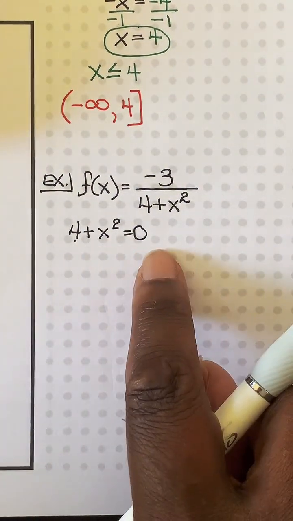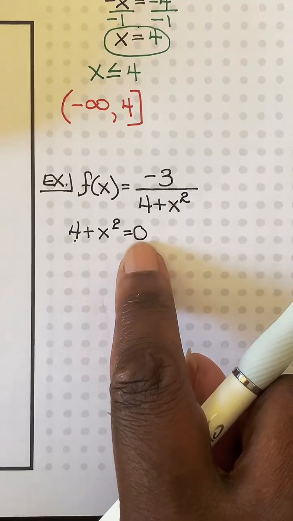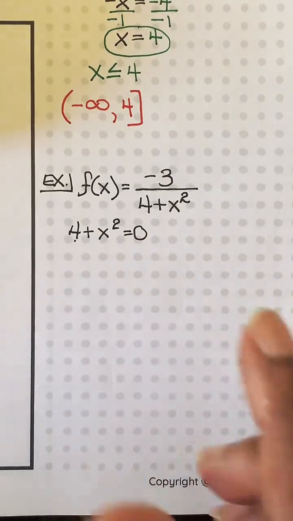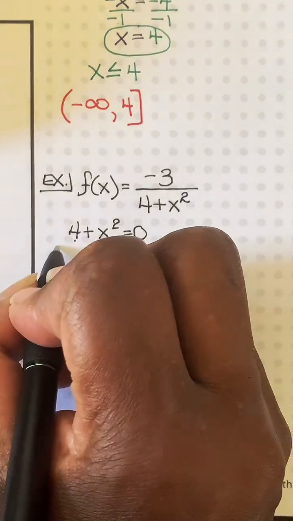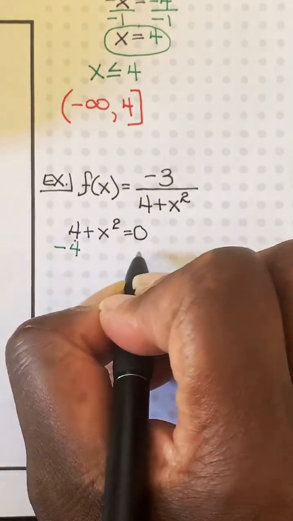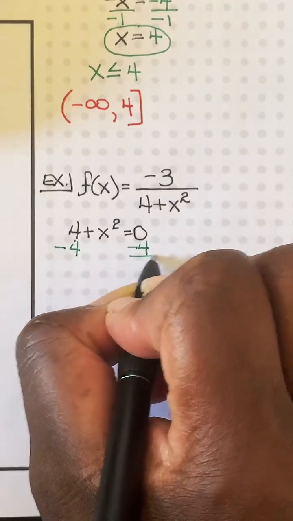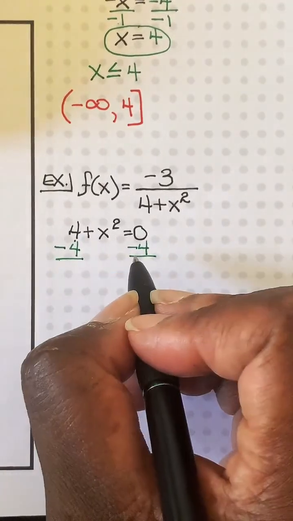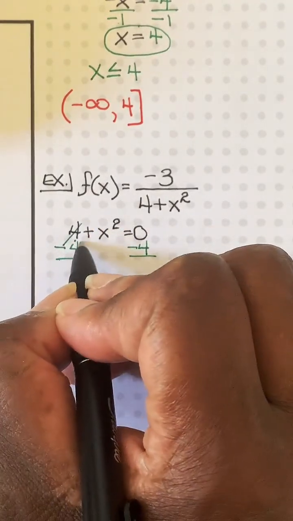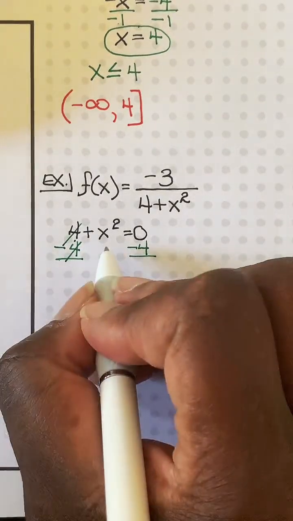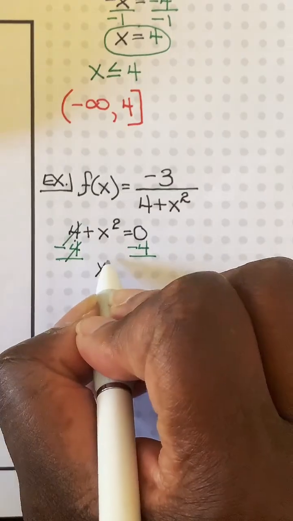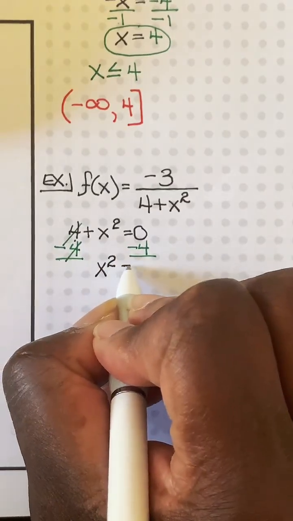So we want to solve this equation for x. So that means we're going to subtract 4 on both sides. Okay, so 4 minus 4 will give us a 0, but we don't need the 0 because we still have this x squared in its spot.